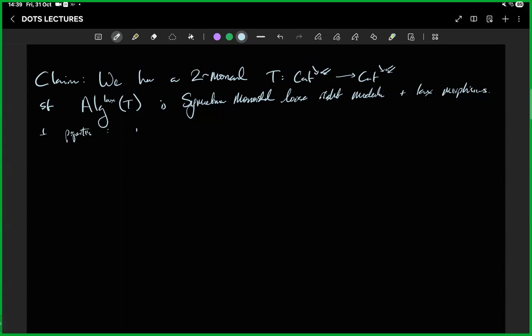Let's just start with one, and we'll add some more. One is T preserves discrete opfibrations, and pullbacks of discrete opfibrations.